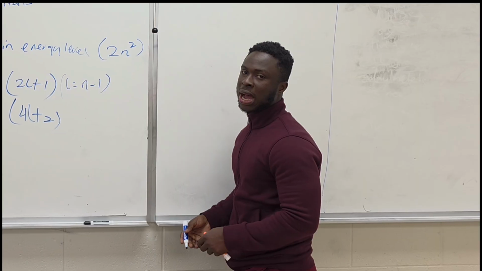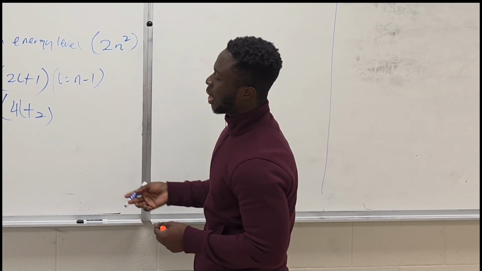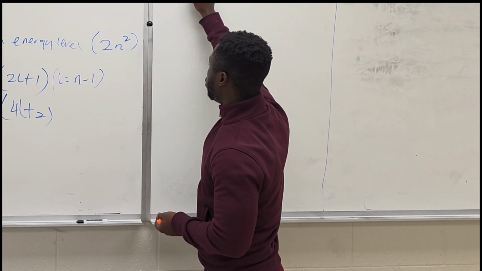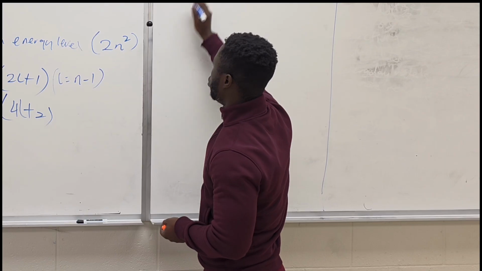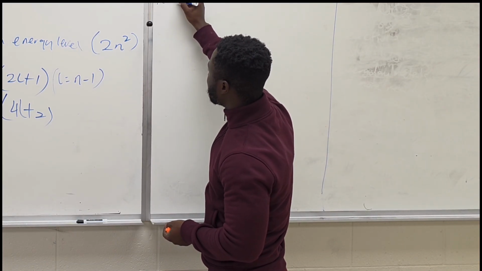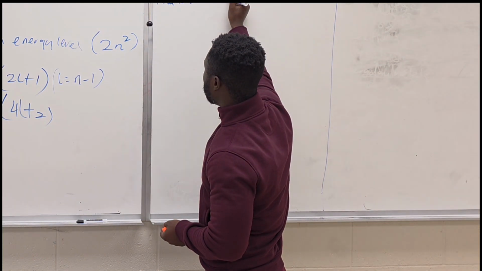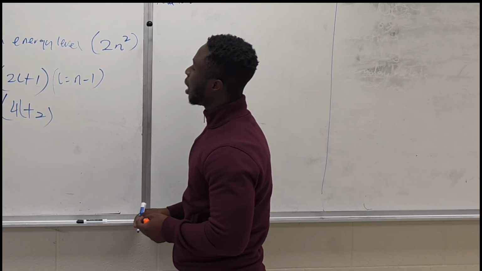So let's say we have an electron that we suspect exists in the principal quantum number 2. Its azimuthal quantum number is going to be 2 minus 1, which is 1, right?